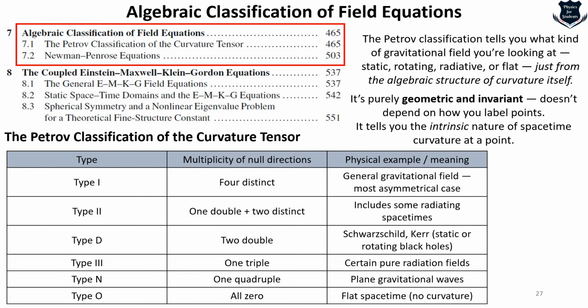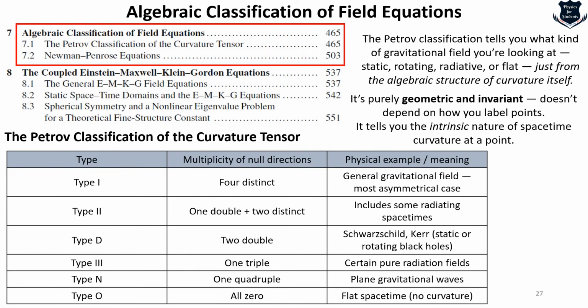So you may ask, why are we classifying those curvature tensors in different ways? Obviously there is a reason, and the reason is that it is purely geometric and invariant, and that is the target of physics. It does not depend on the labeling of the points, as I told you.